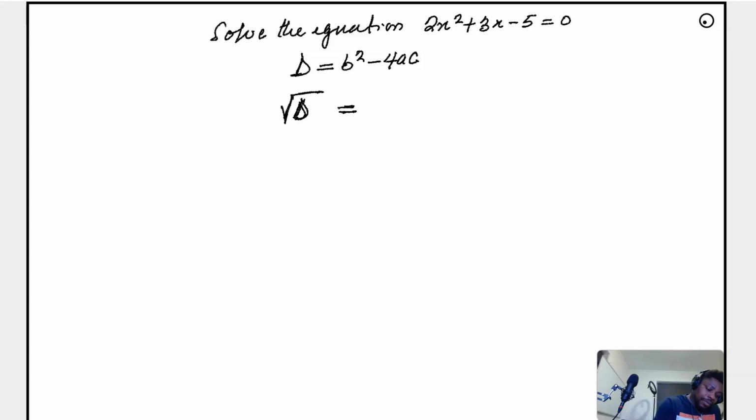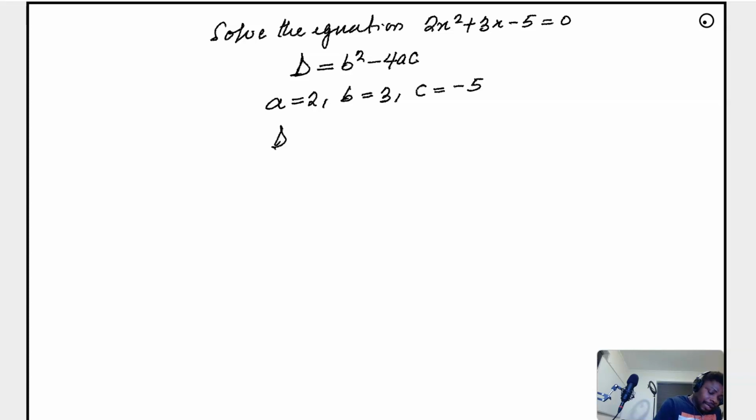So for an example, I will quickly show you something here. Okay, what is my A here? My A is 2. What is my B? My B is 3. And what is my C? Minus 5, right?